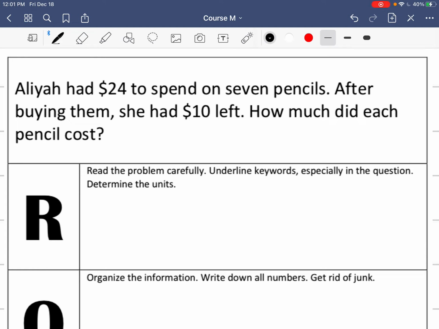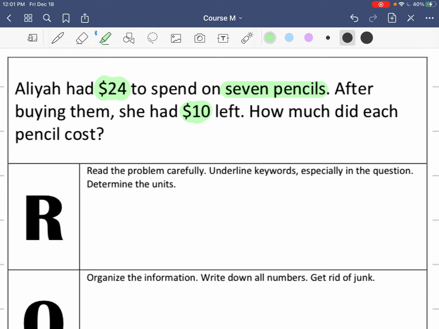So let's do that. Let's read the problem again. One of the things I'm going to do is to highlight all the numbers. Aaliyah had $24 to spend on 7 pencils. After buying them, she had $10 left.